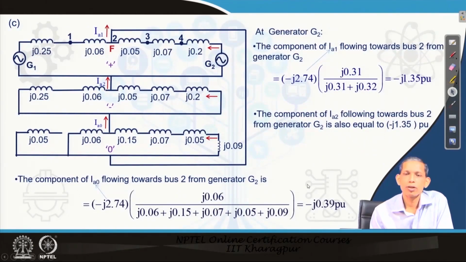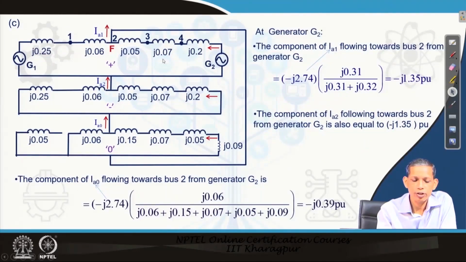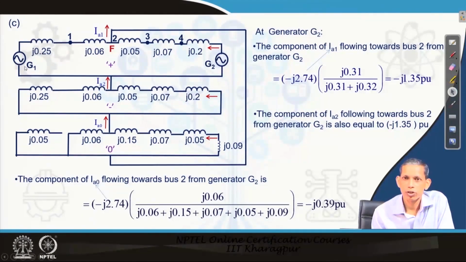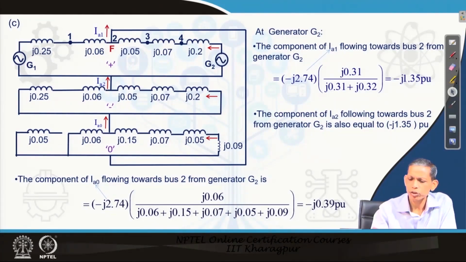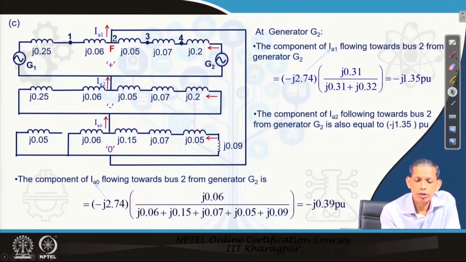Next, we will see how the generators contribute to the fault current and the associated voltages at the bus terminal. For generator 2, the component of I1 flowing toward bus 2 is the contribution from this side and this side of the fault current we have already found.